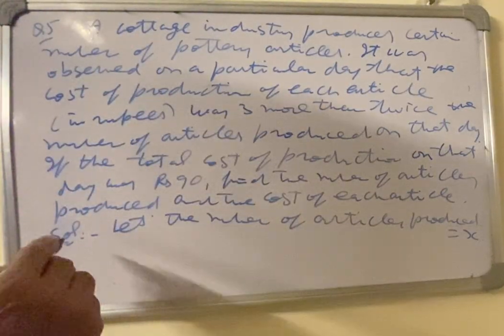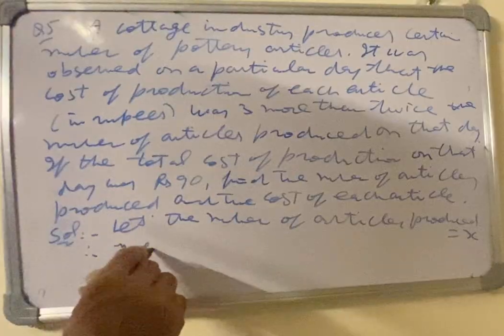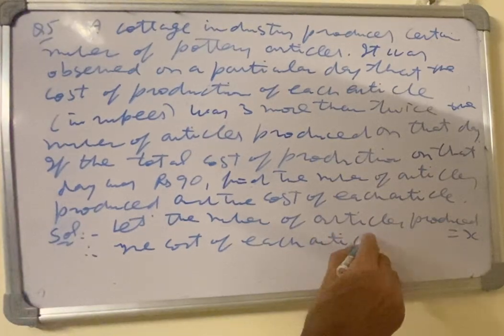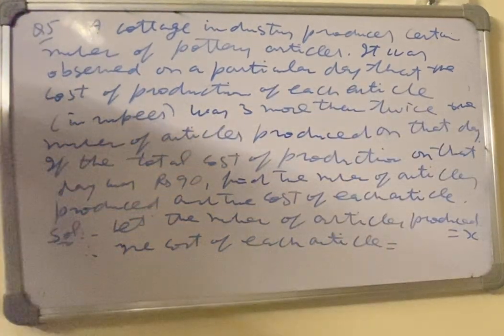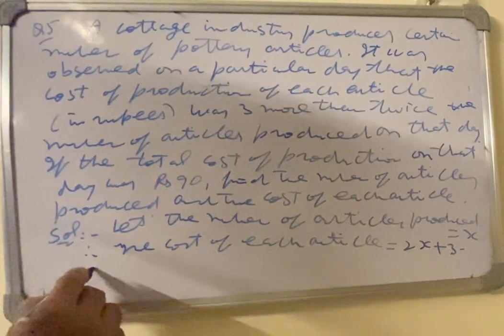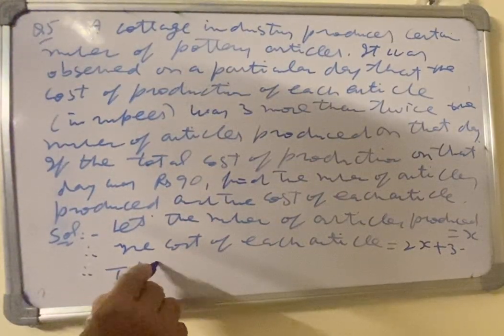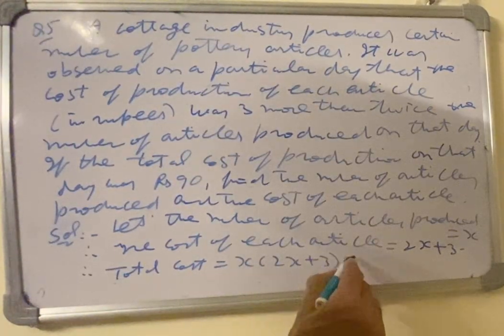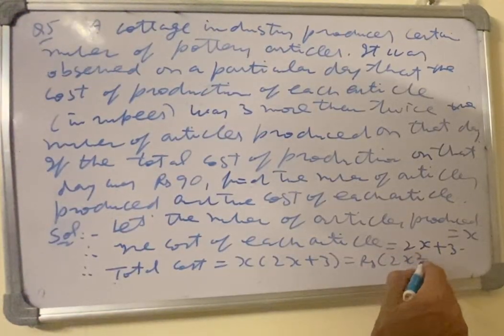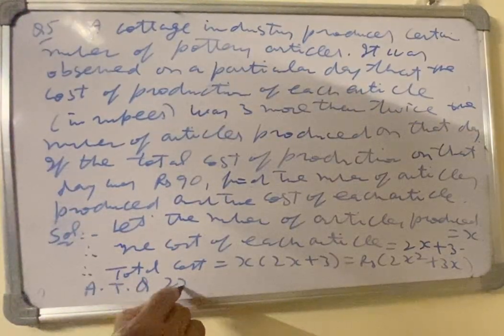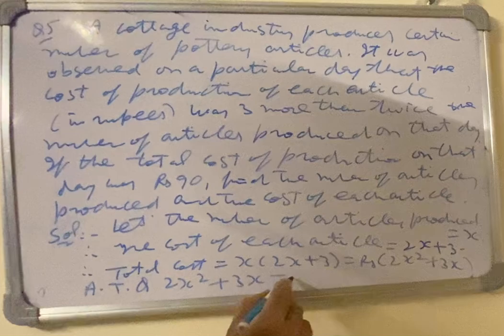Therefore, the cost of each article is 3 more than twice, that is 2x plus 3. So total cost is x into (2x plus 3), equal to rupees 2x square plus 3x. According to the question, 2x square plus 3x is equal to 90.